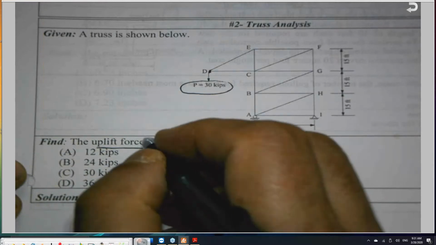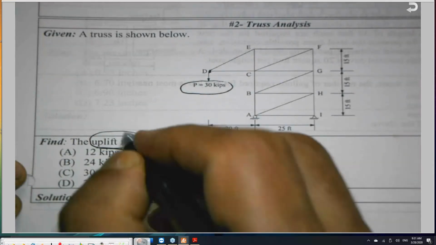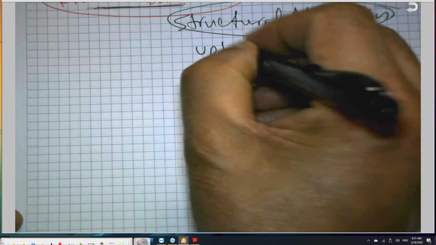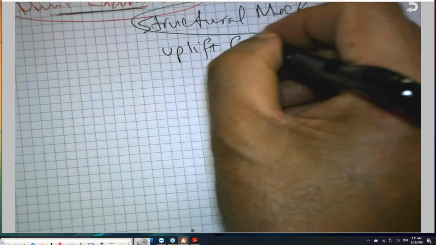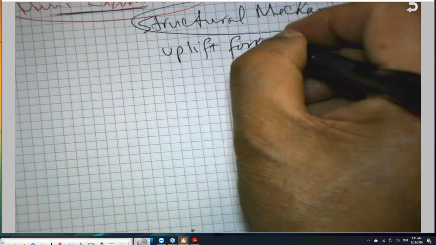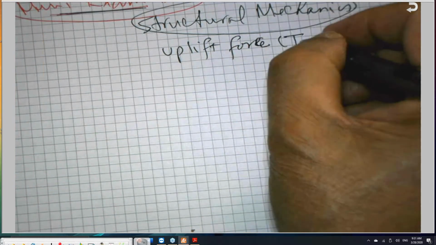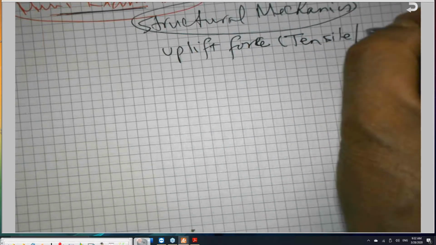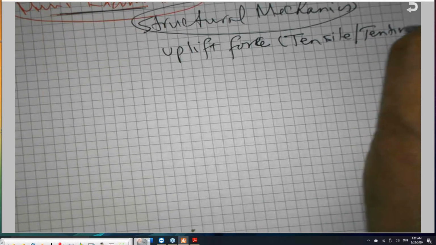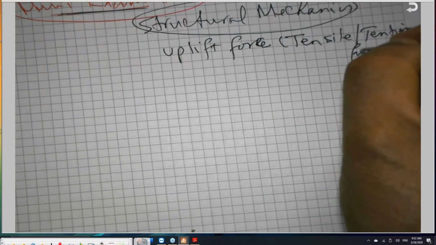The term uplift force, we saw shortly before when I put this problem. The uplift force is always a tension force.